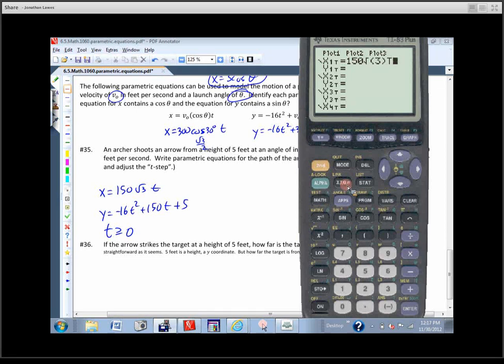There's our parameter t. Again, you don't have to use t. That's just what we normally use. Any questions? I suppose on the calculator you do have to use t. And then let's put this one in. Negative 16t squared plus 150t and then plus 5. Any questions?